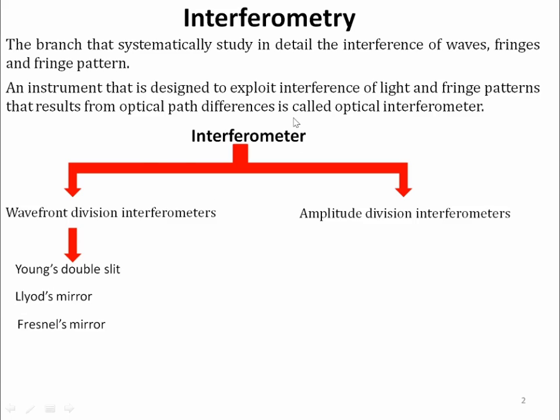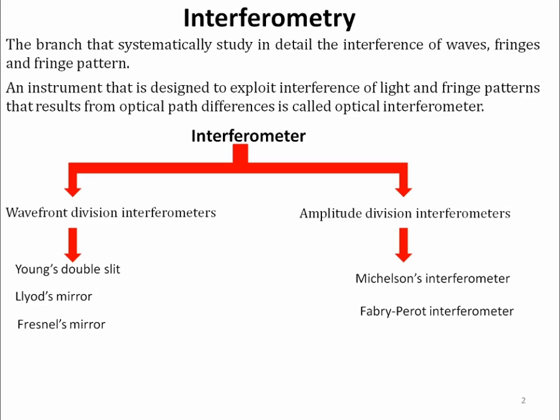Young's double slit experiment in itself is an interferometer, right? And the interferometers which we are interested in this unit are those based upon amplitude division, and the two we mainly are interested in here are the Michelson interferometer and the Fabry-Perot interferometer.